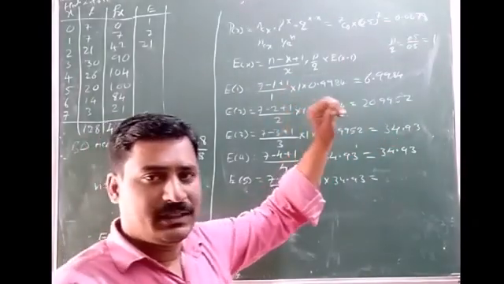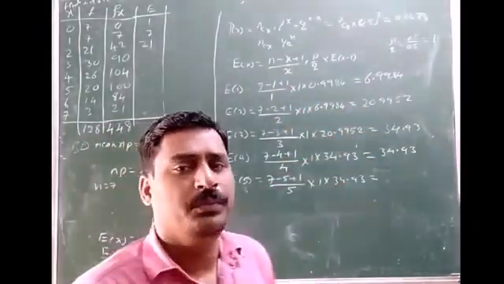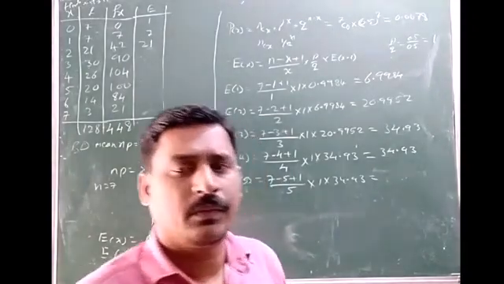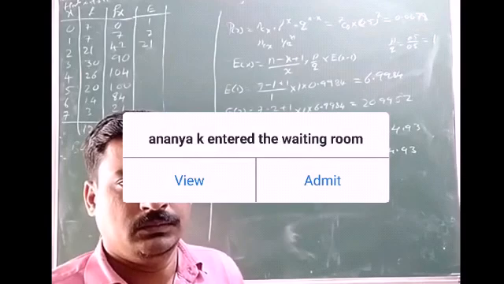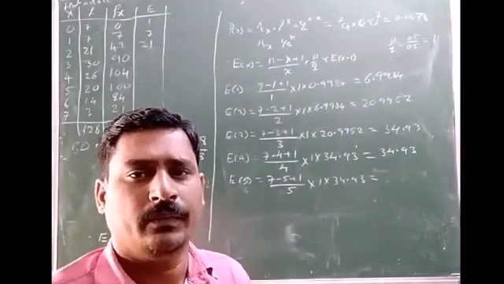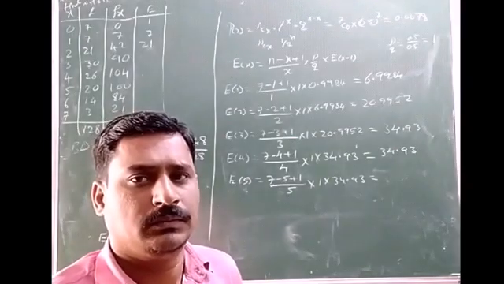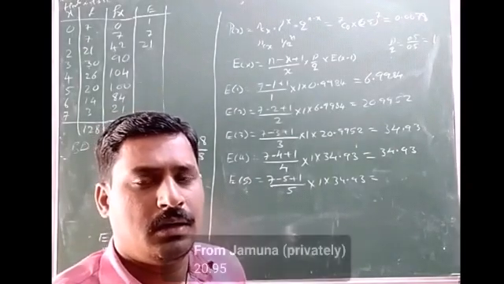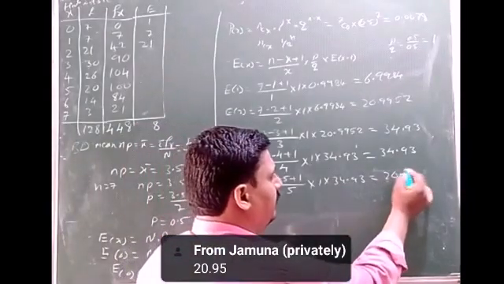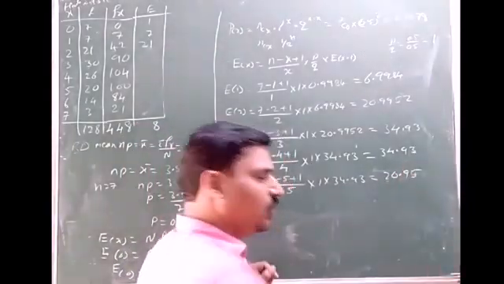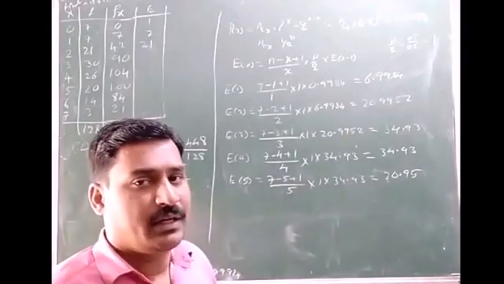Do we get the same, 20.9952? Okay, 20.95. As we have taken 2 digits here, we get a different answer.